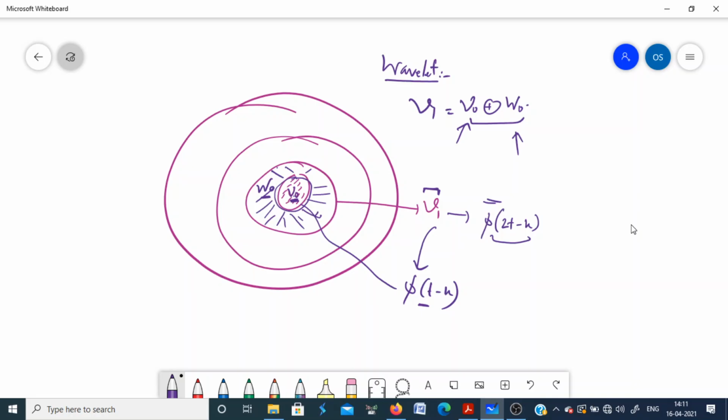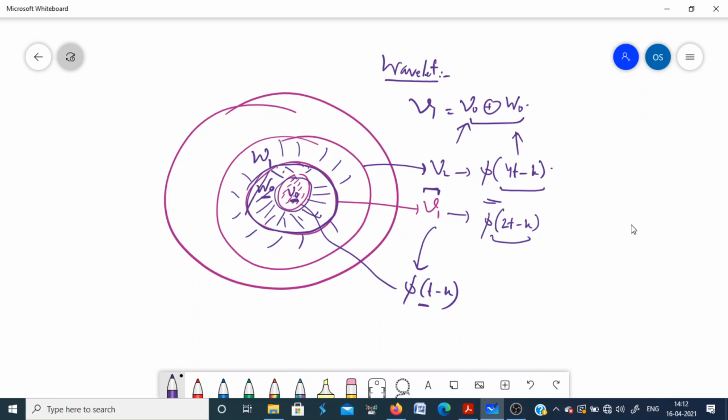Similarly, now you can say this is the second space V2, which is spanned by the functions phi of 4t minus k. So the set of functions in V2 are also in V1. But the space which is left will be covered by another function at that scale, W1, the wavelet at scale 1.